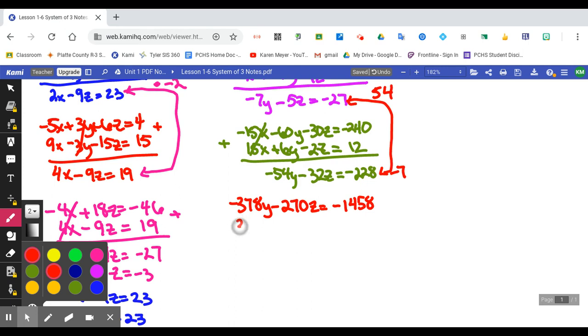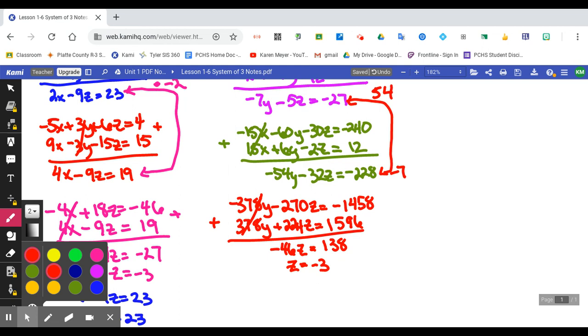The next one will be +378y plus 224z equals 1,596. Add those together and you'll get -46z equals 138. Divide that out and we get our first of three answers, which is -3 for z.